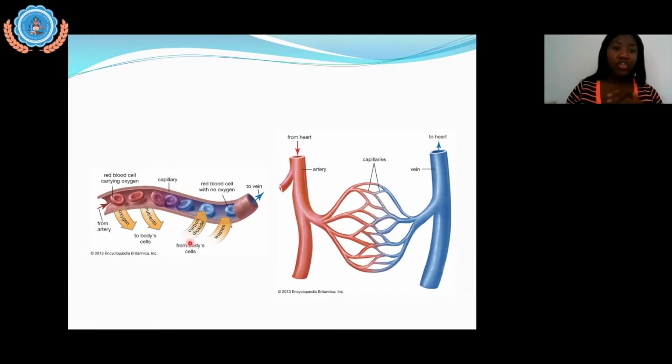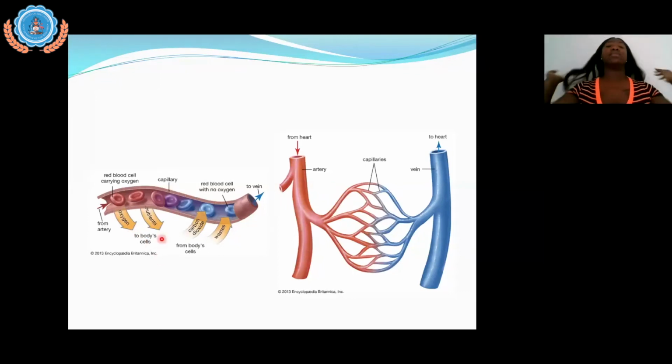Alrighty. So in terms of the diffusion, we can also use this picture. You will see the red blood cells flowing through the capillary, and oxygen from that red blood cell diffuses out of the red blood cells through the capillary into the body cells, as well as nutrients.